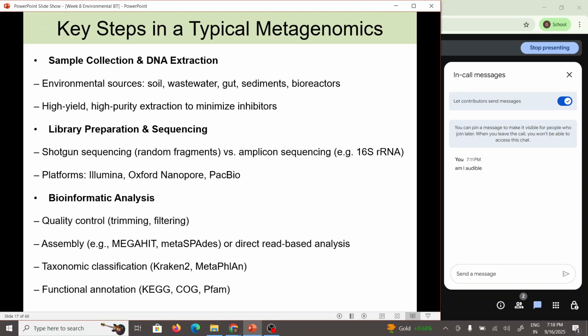So, as we saw in the image, the key steps in a typical metagenomic approach is, first of all, we have to do the sample collection and DNA extraction. The sample collection can be from environmental sources like soil, wastewater, gut, sediments, bioreactors, whatever.